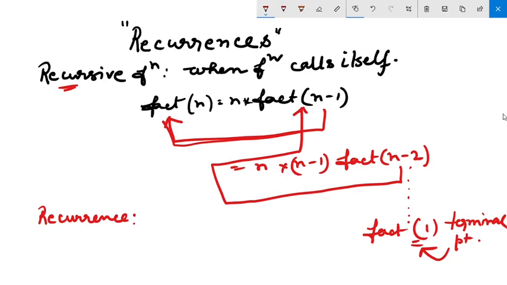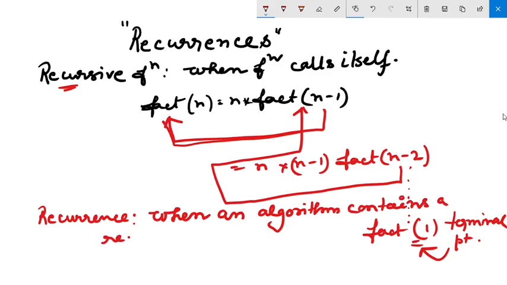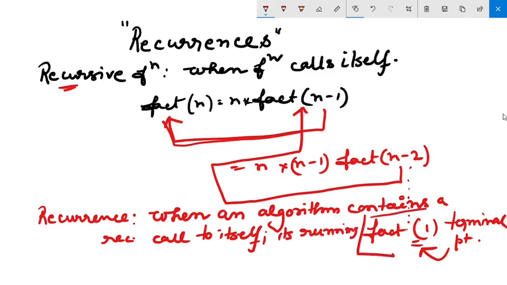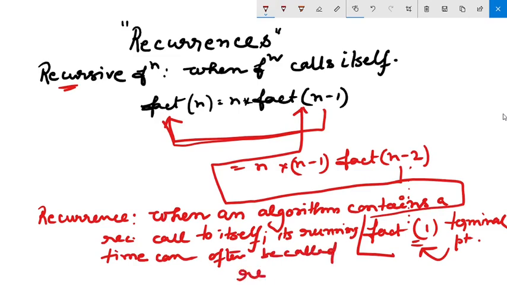When an algorithm contains a recursive call to itself, its running time can often be described as a recurrence relation or recurrence.